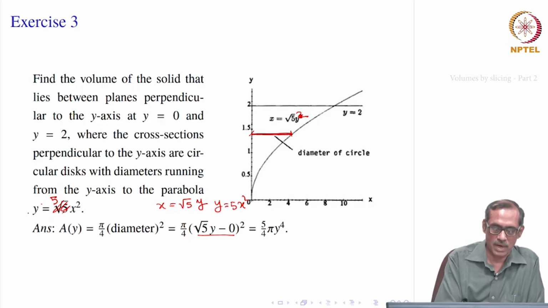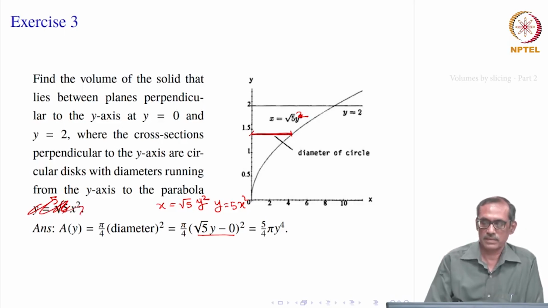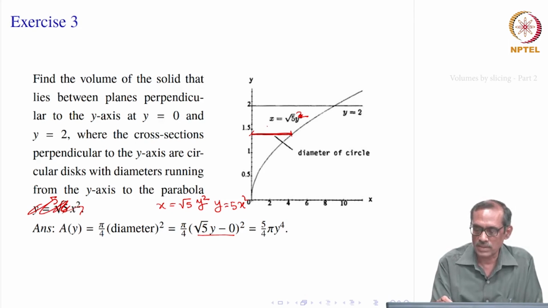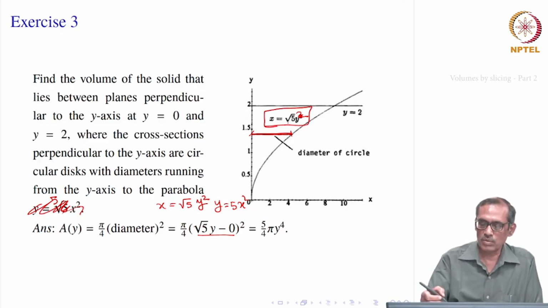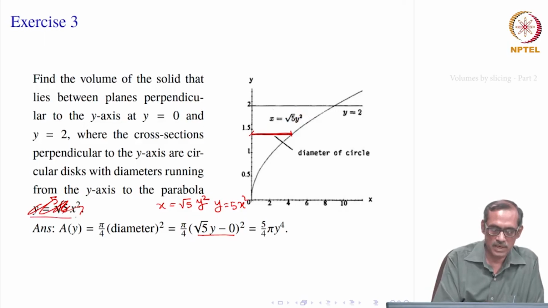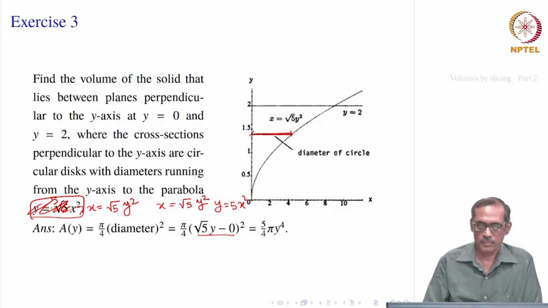So, let us take the parabola as x equal to root 5 y square, instead of complicating it with y equal to so and so on. It is just that the parabola is x equal to root 5 y square. So, I have a correction here. We have the parabola as x equal to root 5 y square, not y equal to, there is a typo.